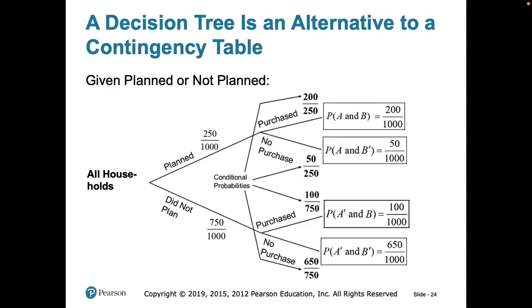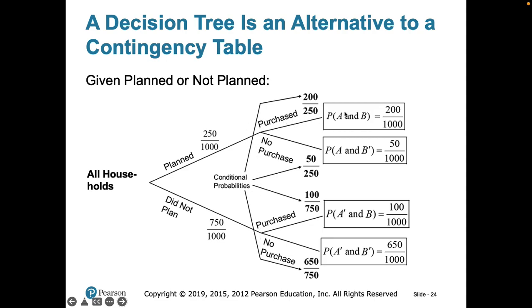Here is a decision tree, and this is an alternative to the contingency table. If you want to use the contingency table like the one you had before, you can also use this. Here are all your 1,000 households that you interviewed, and then you have the ones that plan, right? 250 divided by 1,000. Those who did not plan to buy a TV, you have 750 by 1,000, and then here you have your conditional probabilities.